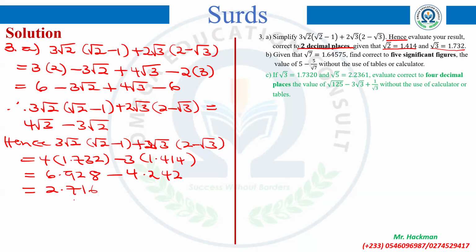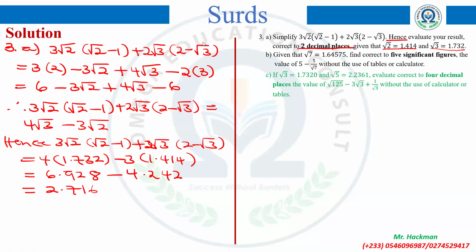2.716. Obviously we can't end here. If you end here, then it means you are not particular. You don't pay attention to detail. That's why you underline this. So let me check. Is my answer here in 2DP? No. Please, it's not 2.716.